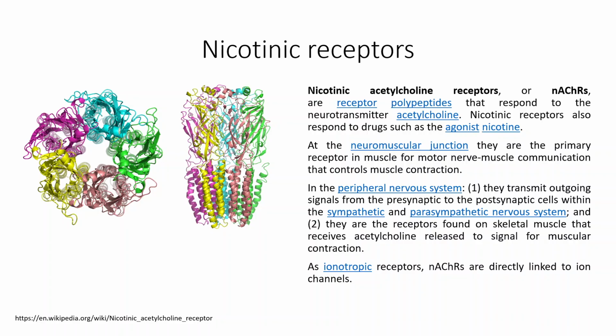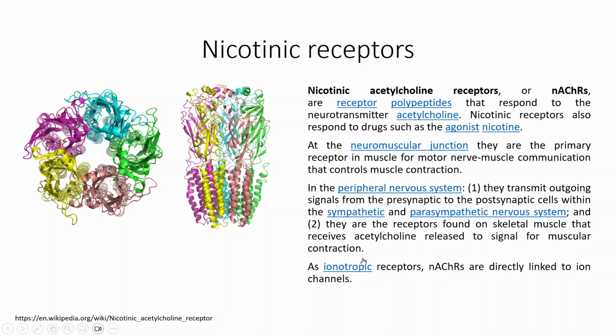So nicotinic receptors are also an acetylcholine receptor. They are one type of acetylcholine receptor, right? And they respond to this neurotransmitter. And nicotine, it's called that because nicotine can bind and act as an agonist for the receptor, right? And it's present at the neuromuscular junction, and it is very important for motor nerve to muscle communication, right?